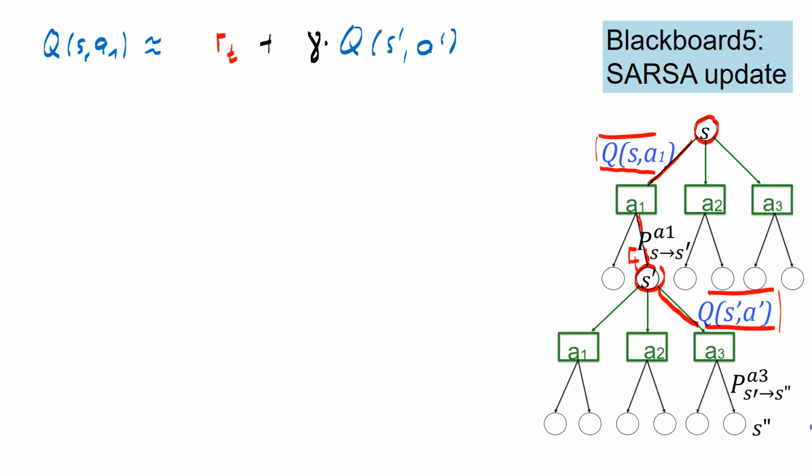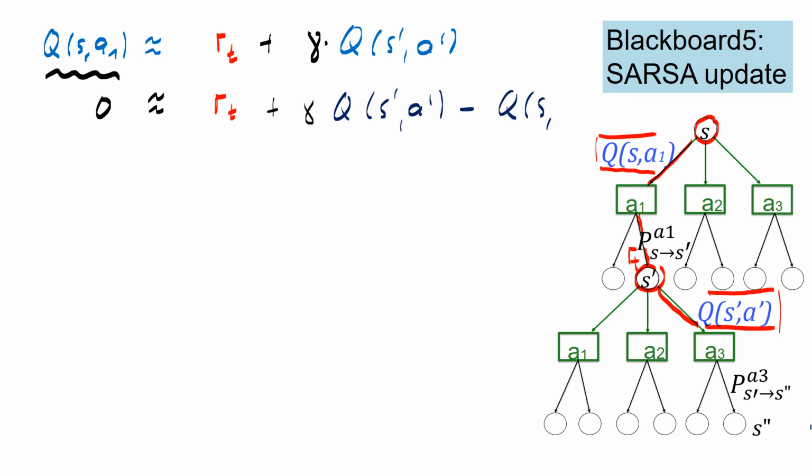And now let's shift this Q value here from the left-hand side to the right-hand side. So we would have 0 equal to R_t plus gamma Q of S prime A prime minus Q of S A1. Okay, and now let me propose an update.